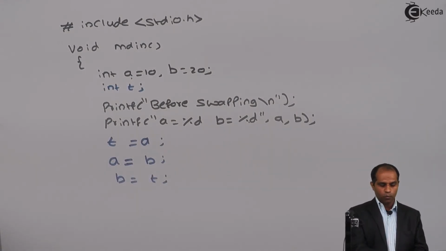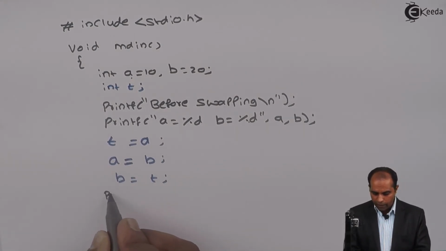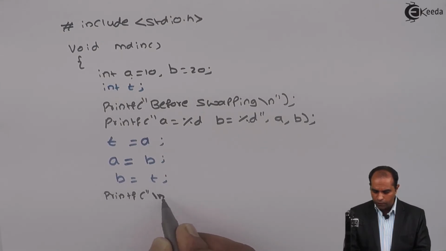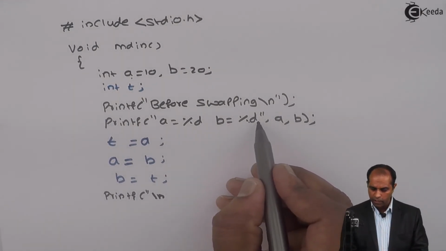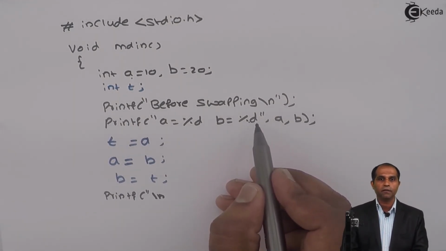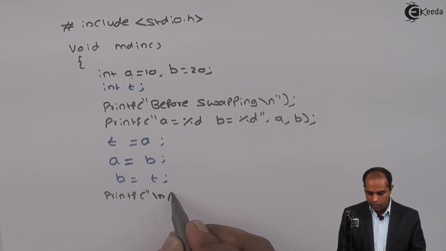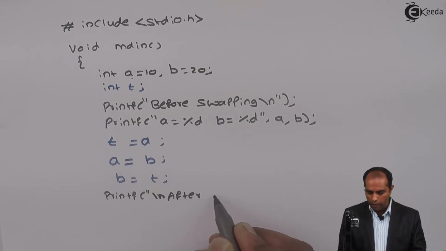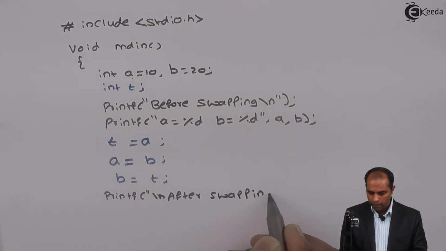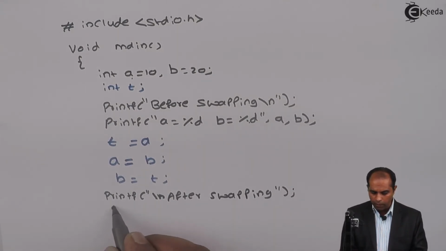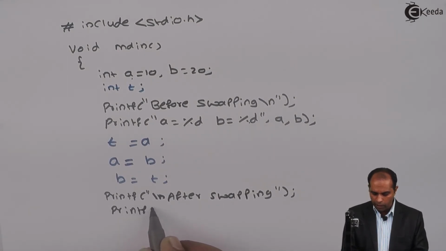Now you can display the output again on the screen with the new values. So I'll say printf. Let me use \n at this place first, because in the previous line after B equals %d, you can use \n at that place, or you can even use it at the first instance. So I'll say after swapping. Now let me display the values of A and B one more time.